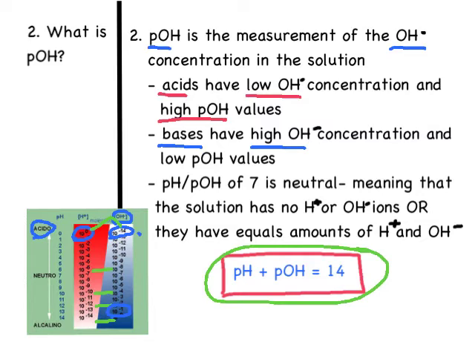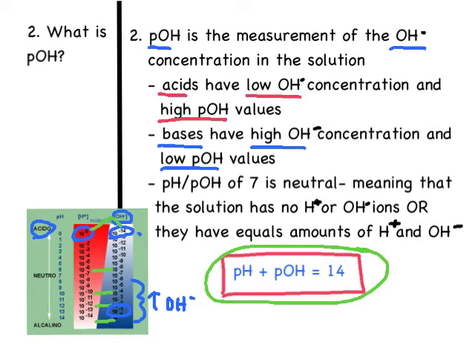So bases have high hydroxide ion concentrations, and if it has a high hydroxide ion concentration, its pOH will be a low value. We will clarify that mathematically in the next question.